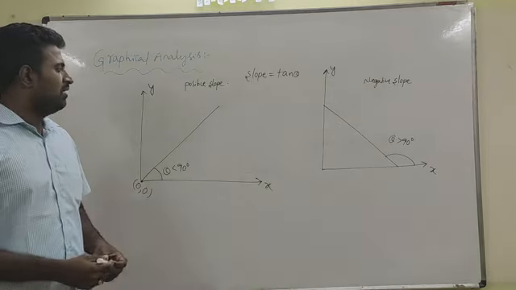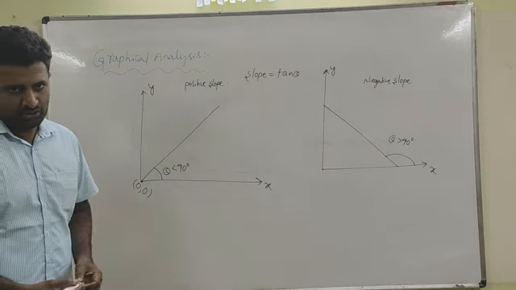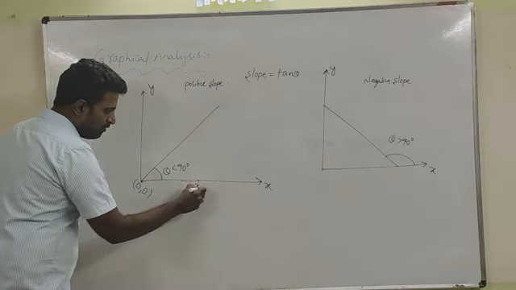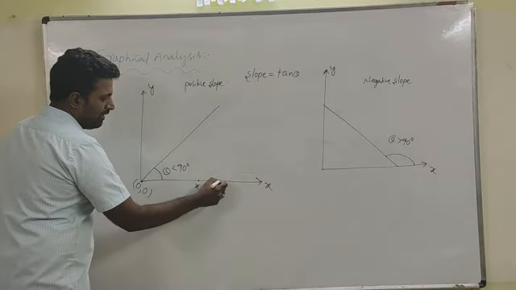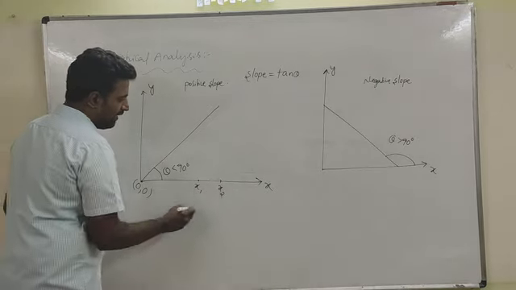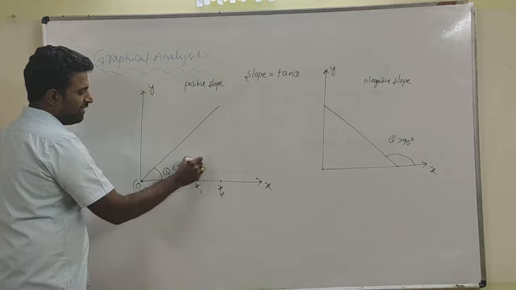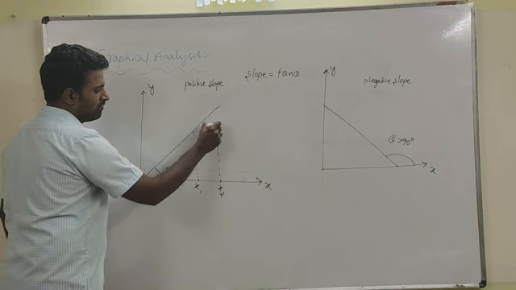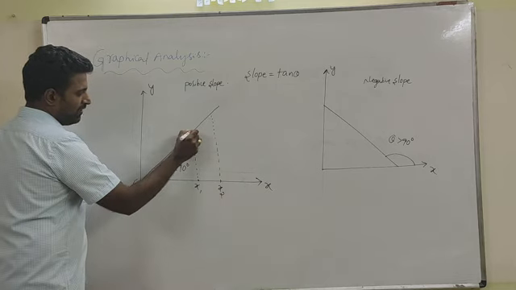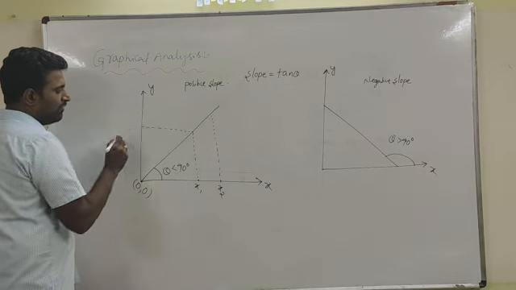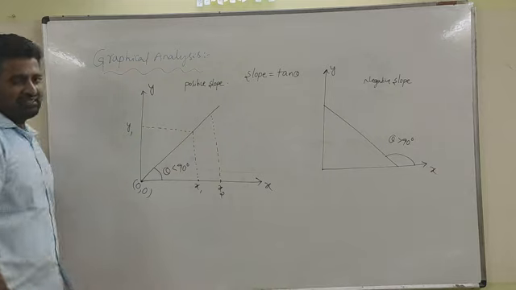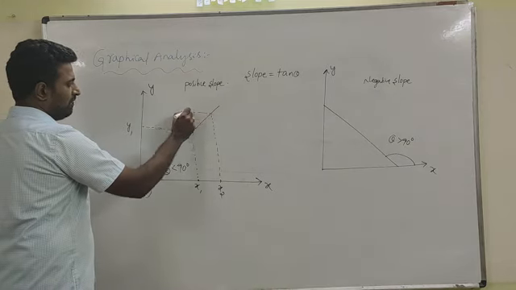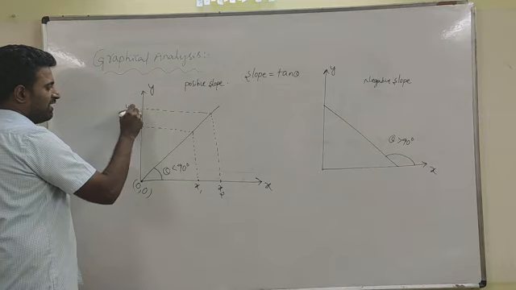Next thing is how to calculate slope. You observe. Let us suppose I know an x1 value and another x2 value. I have taken an interval of x1 and x2. Corresponding to x1, the value on y-axis is y1, let us say, and corresponding to x2, the value on y-axis is y2, let us say.